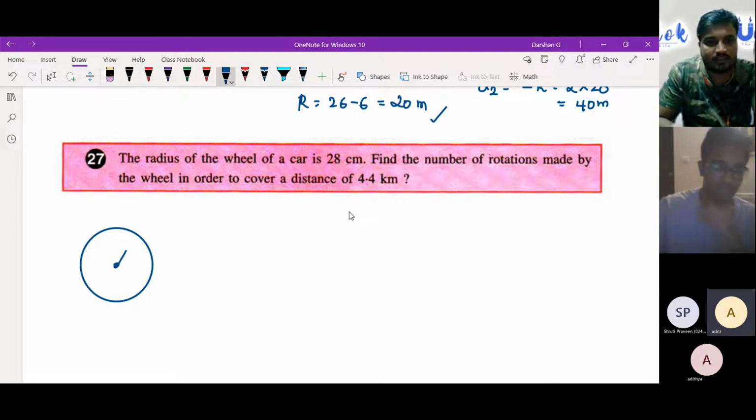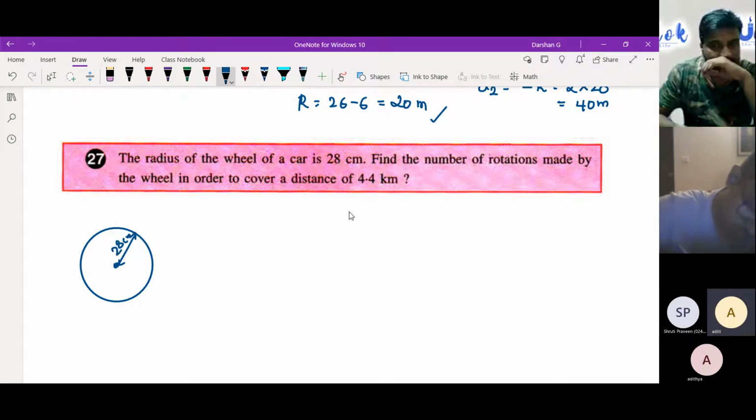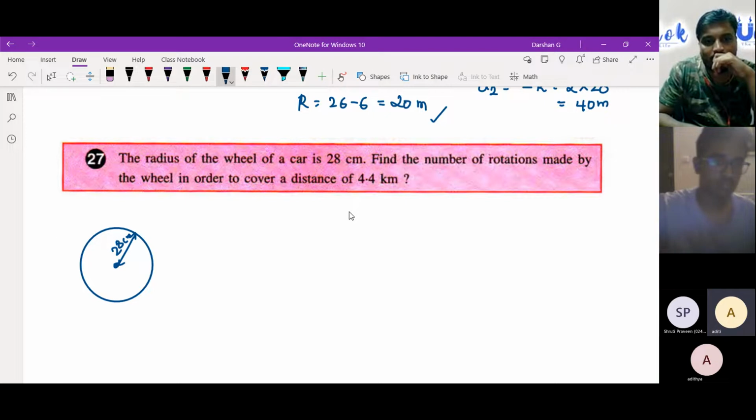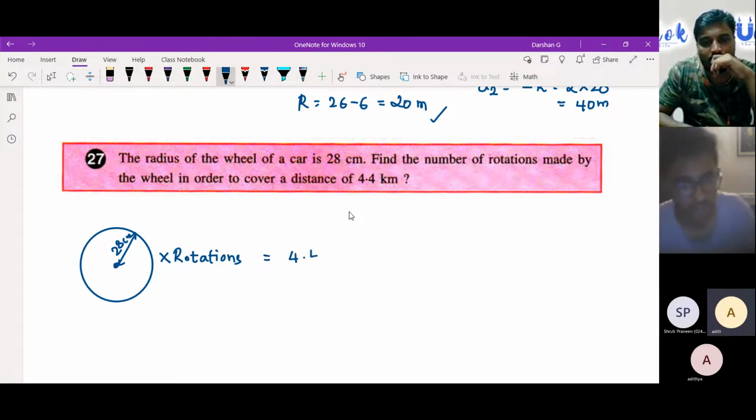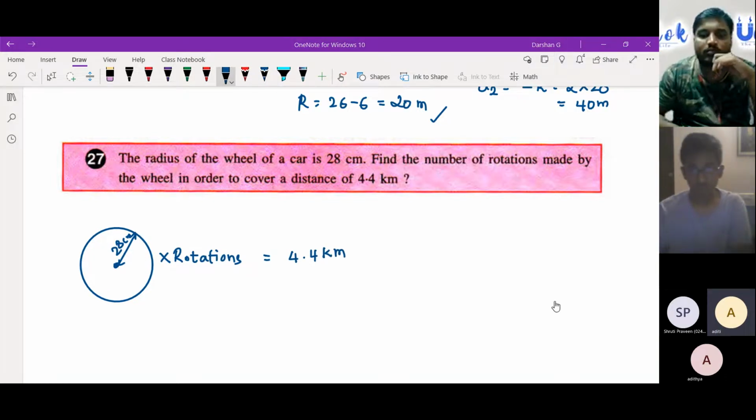So the radius is 28 centimeter. How many rotations will it do to cover 4.4 kilometers?